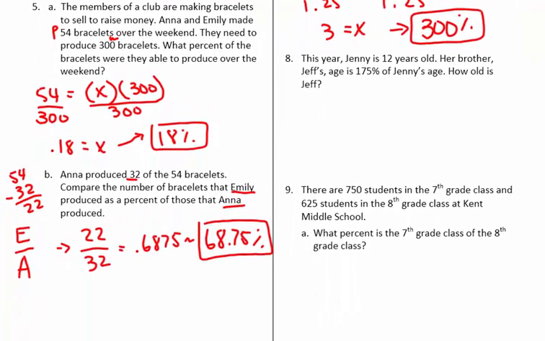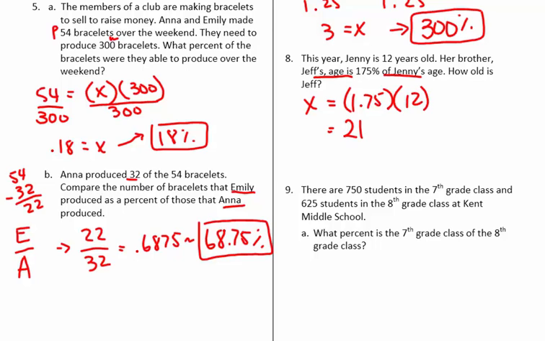This year, Jenny is 12 years old. Her brother Jeff's age is 175% of Jenny's age. So of Jenny's age, Jeff's age is, so that's the part, and the part is Jeff, equals 1.75 times Jenny's age.